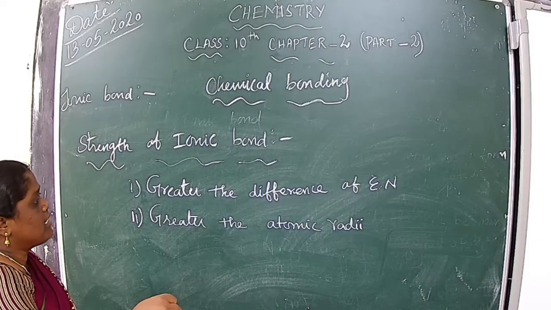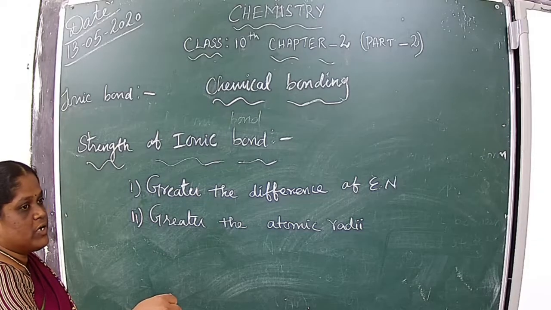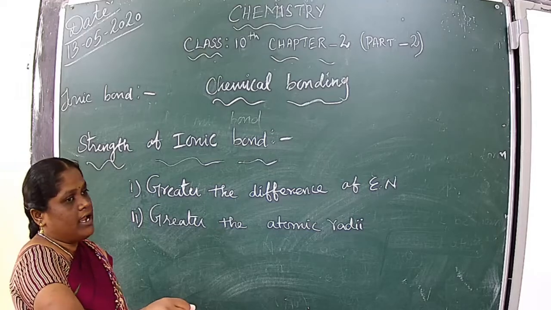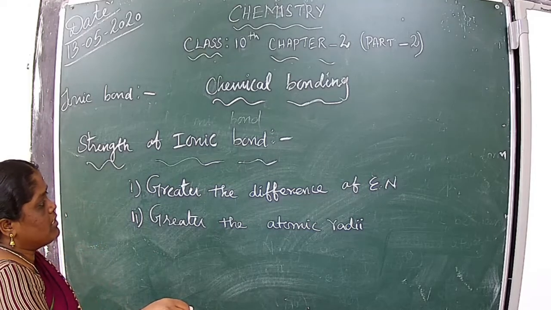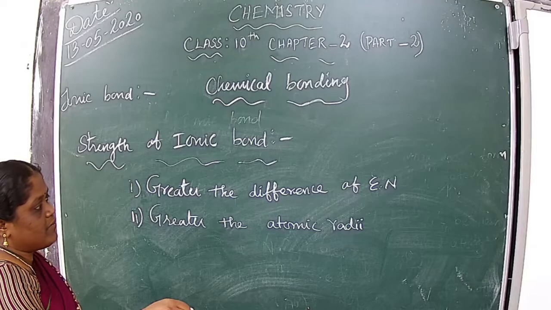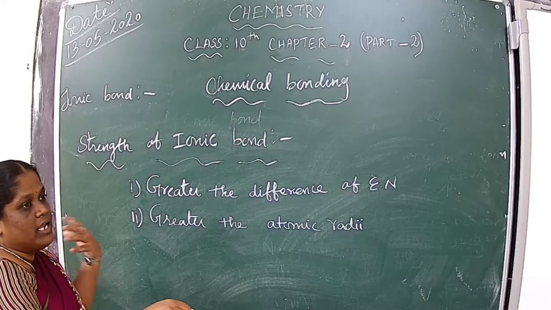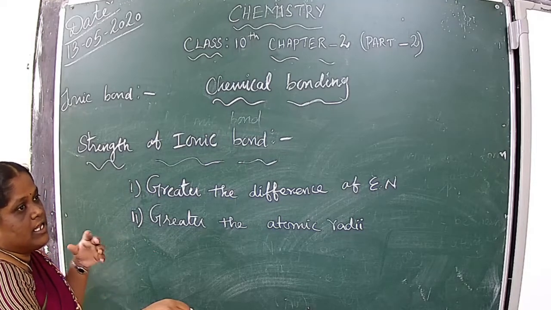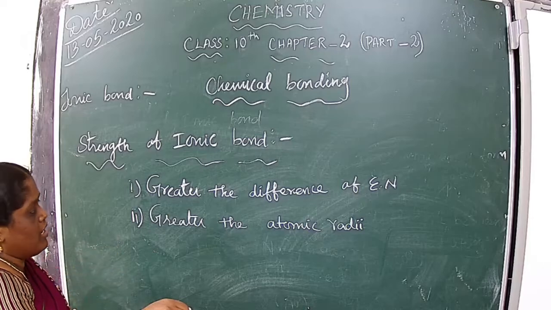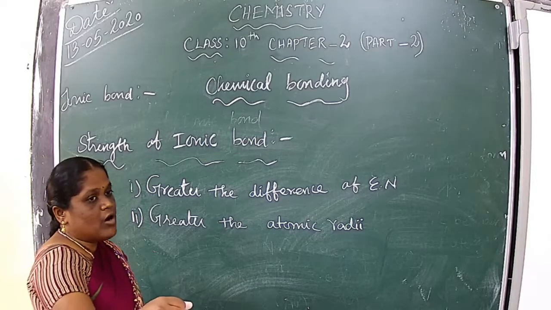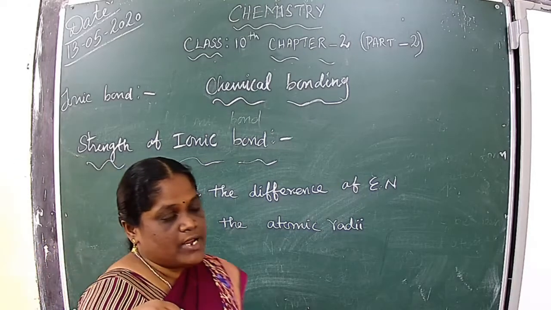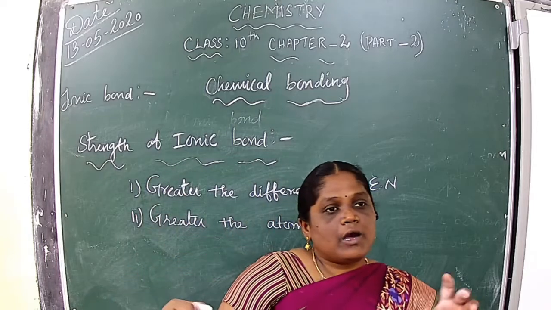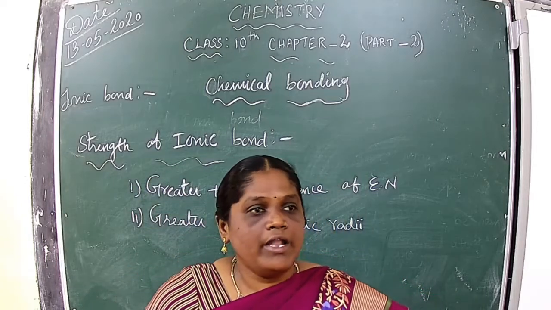First, the greater the difference of electronegativity in the ionic bond, the more strength of ionic bond. And the greater the atomic radii, the more strength of ionic bond.